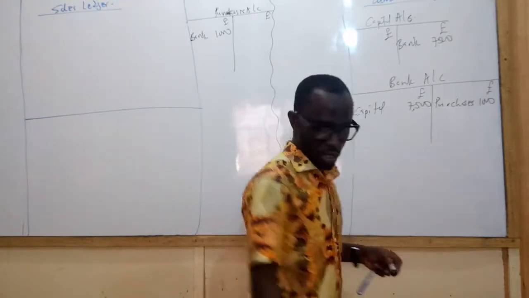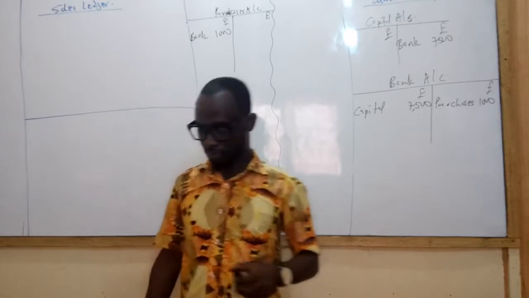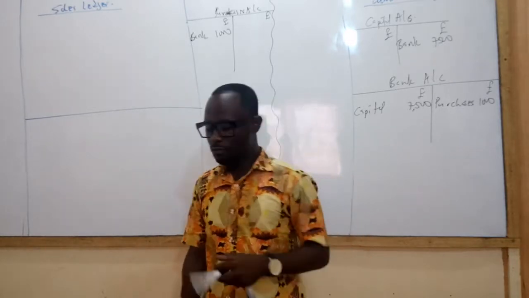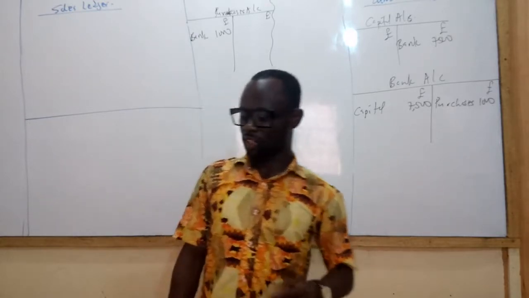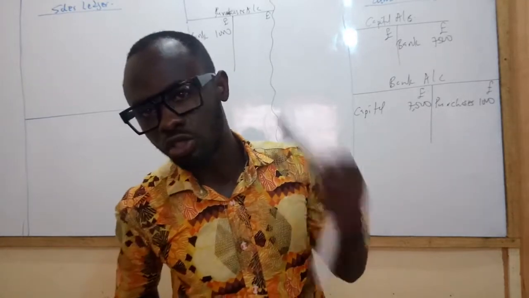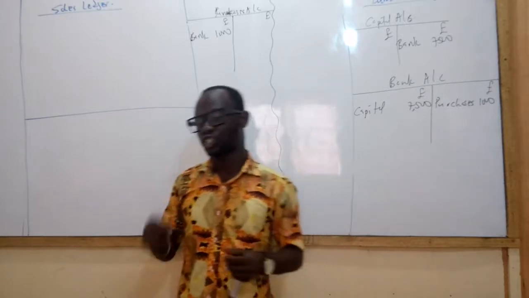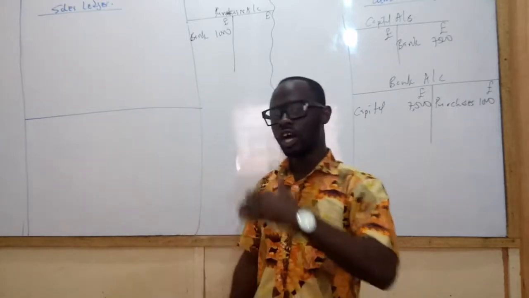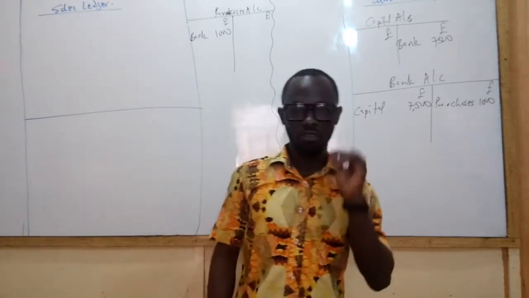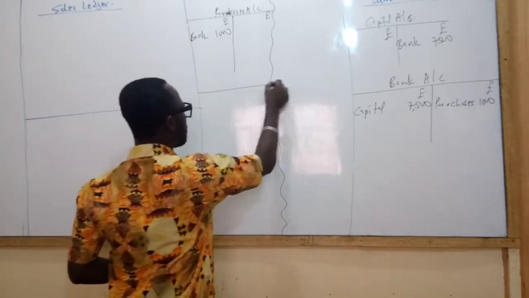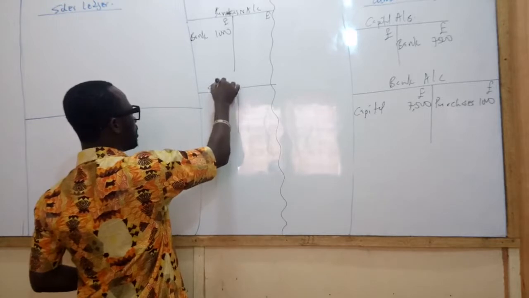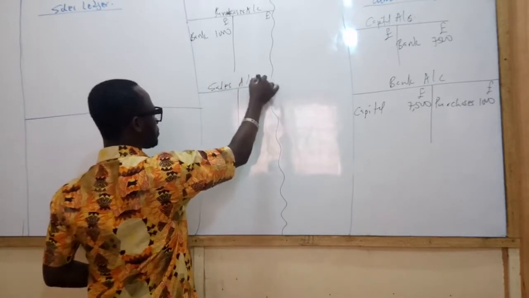It's okay, let's go. Third, on 4th May, goods sold £750, a check being received. Immediately you sell goods, what account is involved? The sales account. So just below the purchases account, let's open the sales account.